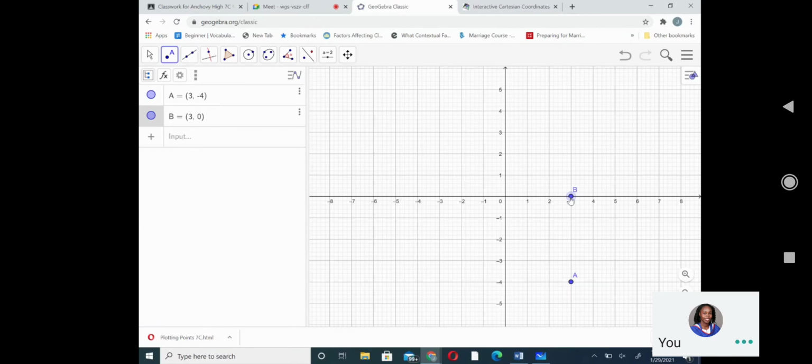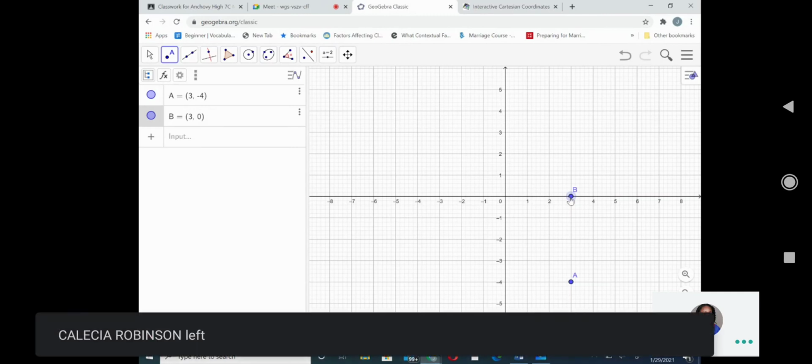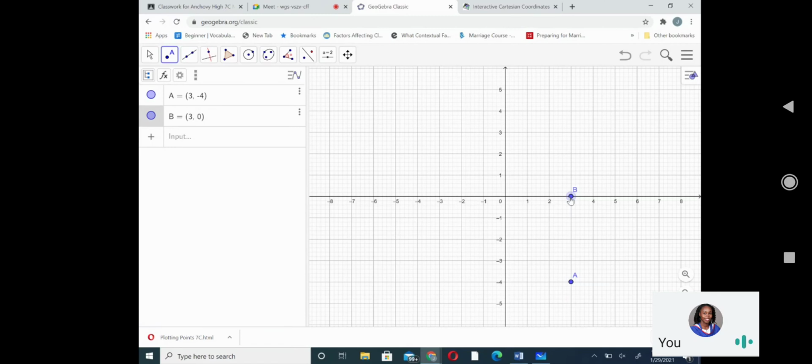Excellent. So the 0 in the y value means that it is somewhere along the x-axis. So it is simply wherever on the x-axis the x value falls. Because we know that the line y equals 0 is which line again? Very good. You are getting it.